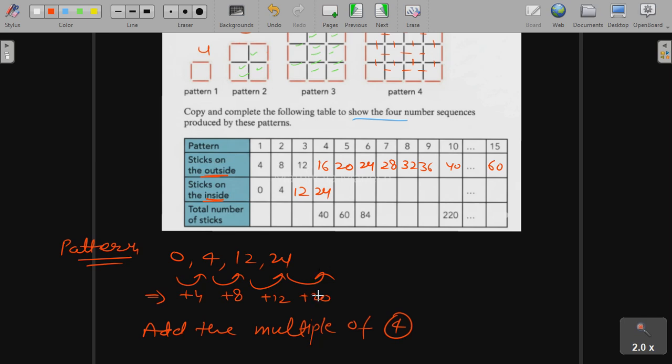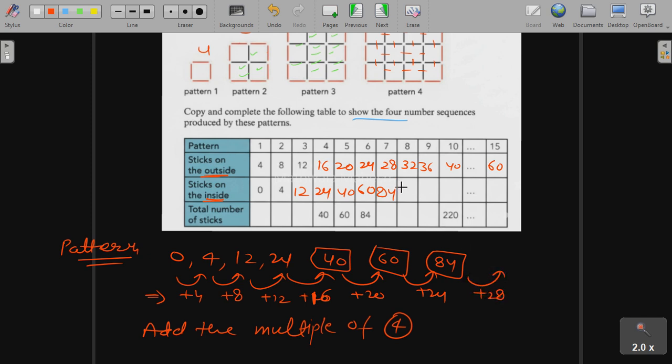Okay, so 24. This is 16. 4, 8, 12, 16. So the number is 40. So we have to write similarly. If I add plus 20, I will get 60. The next term is 60. If I add plus 20, I will get 84.